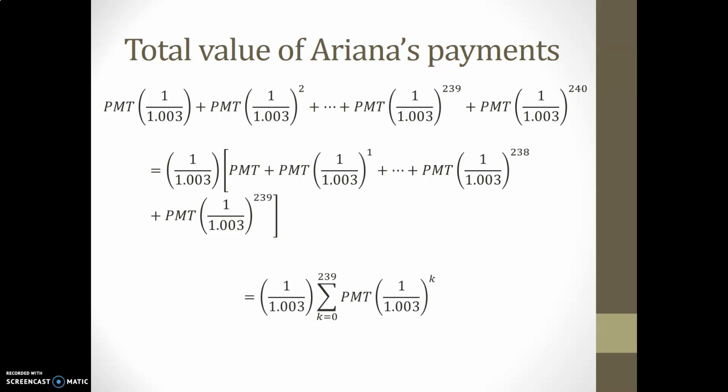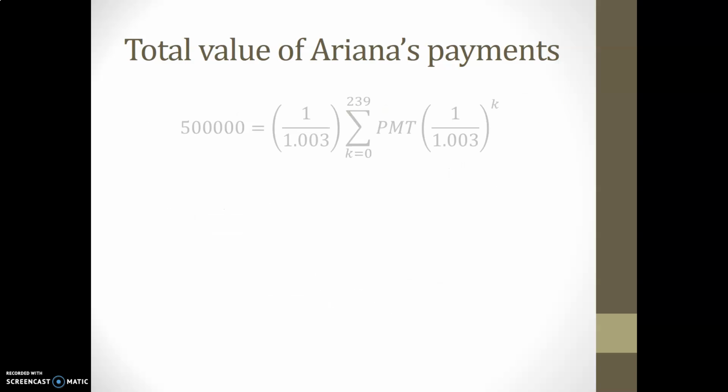In fact, it's the sum of terms that all have PMT as a constant value and all have 1 over 1.003 to the power k as the ratio. And the values of k, the exponent of the ratio, vary between 0 and 239. This is a geometric series, and therefore we also have ways to find the total value of this sum.